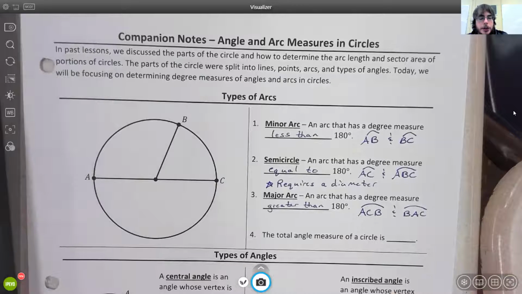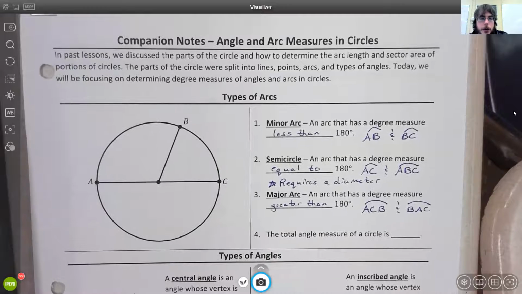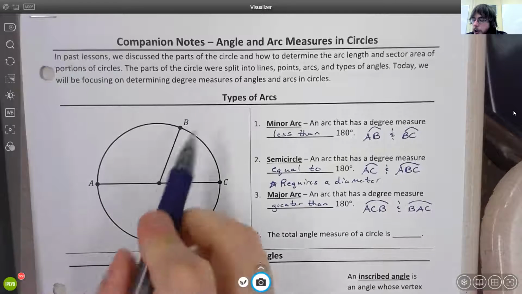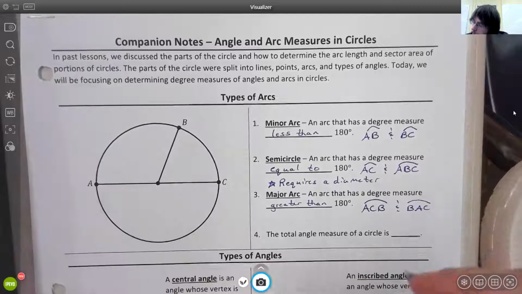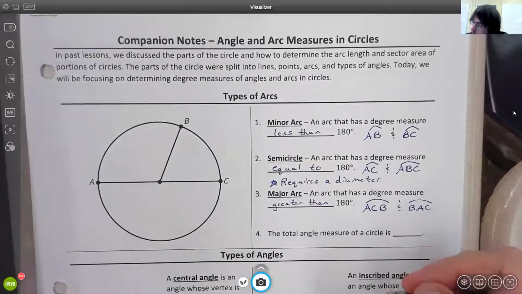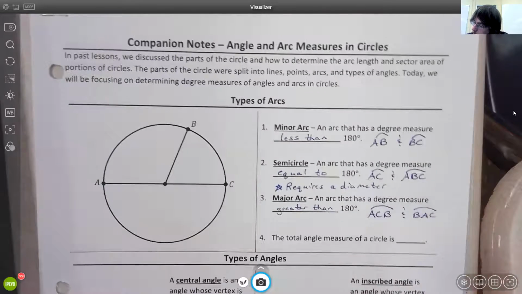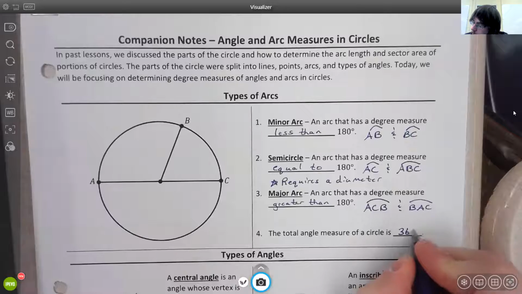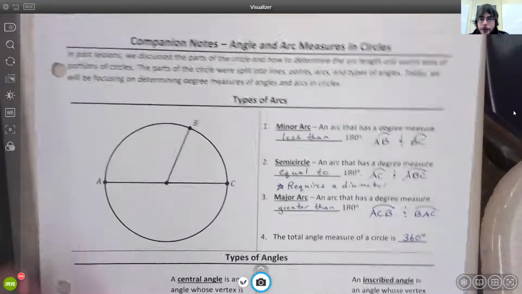And also we talked about the total angle measure of a circle. This is regardless of whether you have angles here or arcs here. That means that the total angle measure is 360 degrees. Okay.